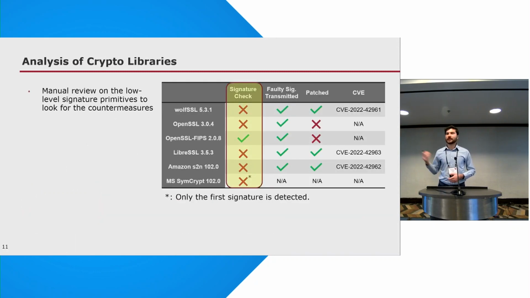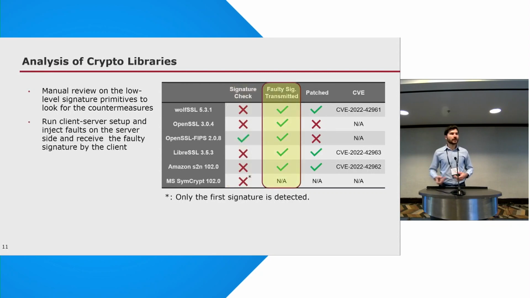We also analyzed other crypto libraries. We manually reviewed the low-level signature primitives to check if there are any countermeasures against faulty signatures. We saw that only in the FIPS version of OpenSSL did they have a signature check after signing. And in Microsoft SymCrypt, they could only detect the first faulty signature.